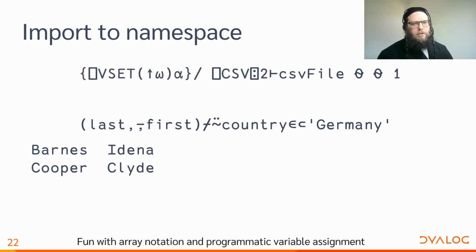And we don't have to do this in 2 steps. We don't have to read in variables with the column names and the values for the columns. We can just insert. So we're using reduction here to just insert quad VSET appropriately between these. And we're not interested in the result now because it just has the side effect of making these variables in the current namespace.